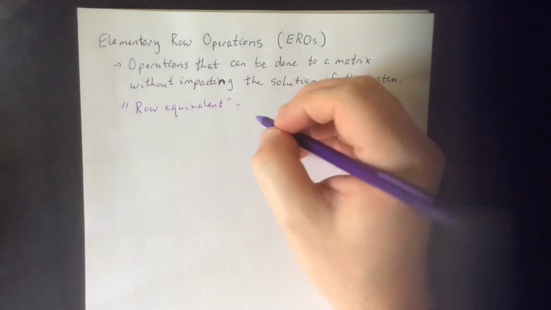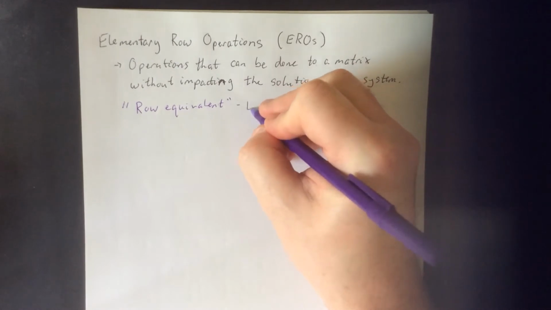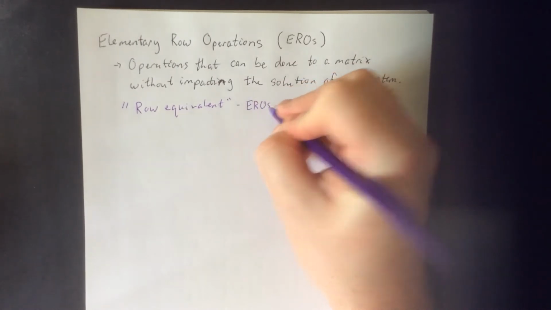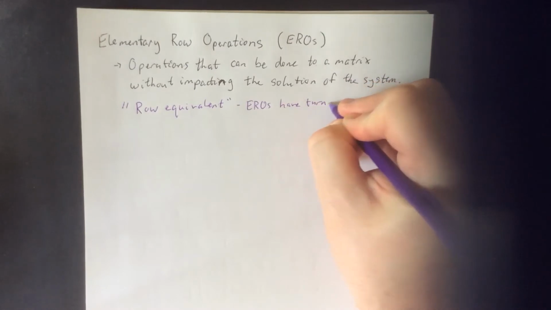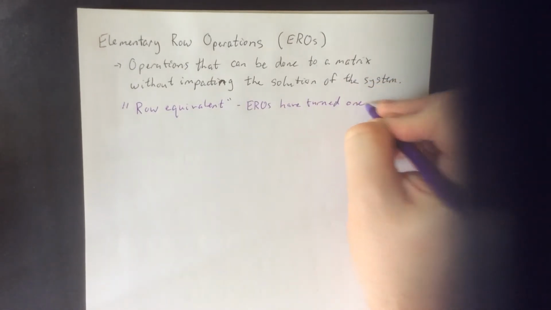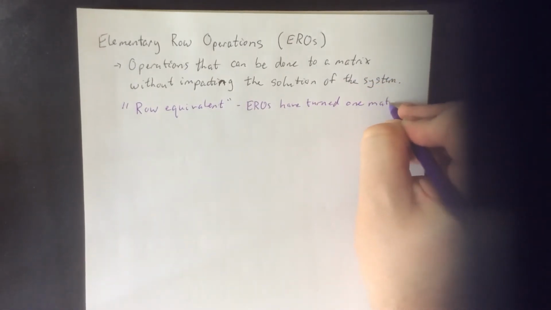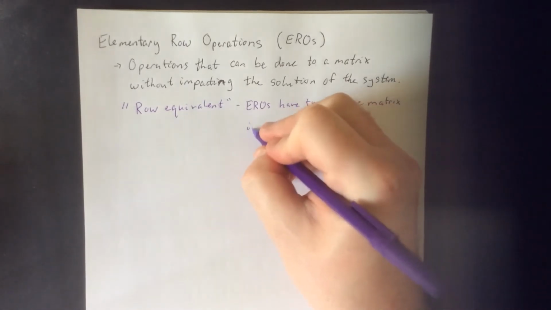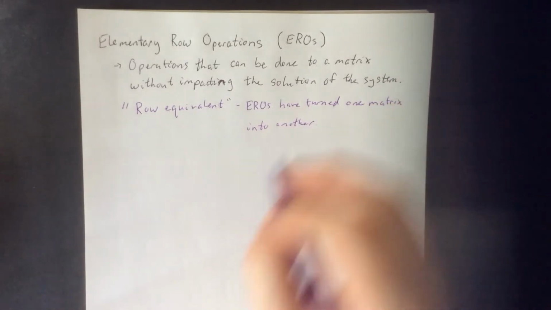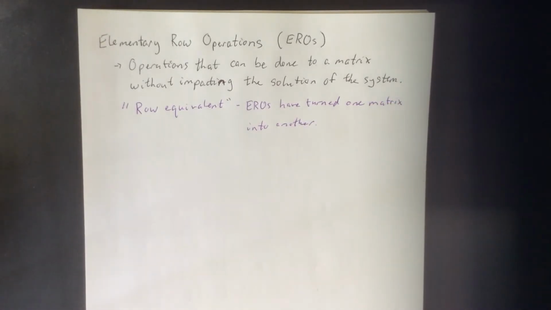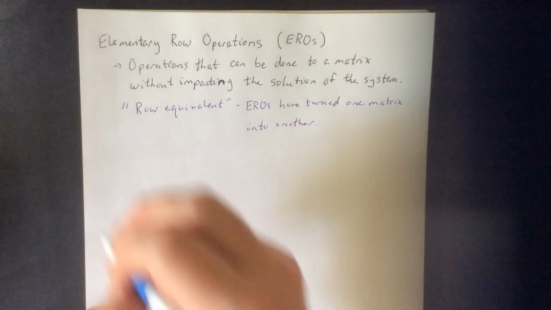So two matrices are row equivalent if elementary row operations have turned one matrix into another. So I start with a matrix, I apply some elementary row operations, I wind up with a second matrix. The second matrix is row equivalent to the first matrix.